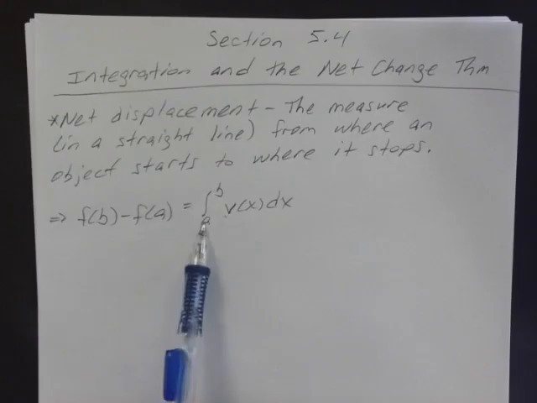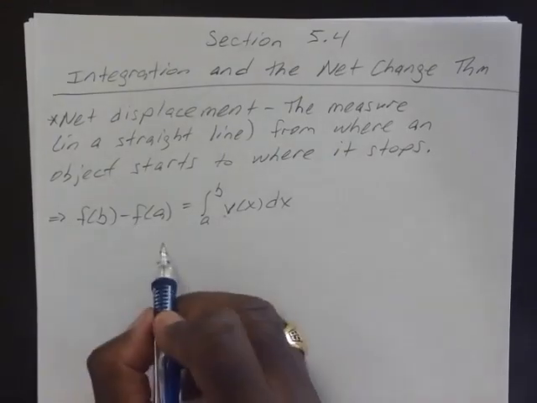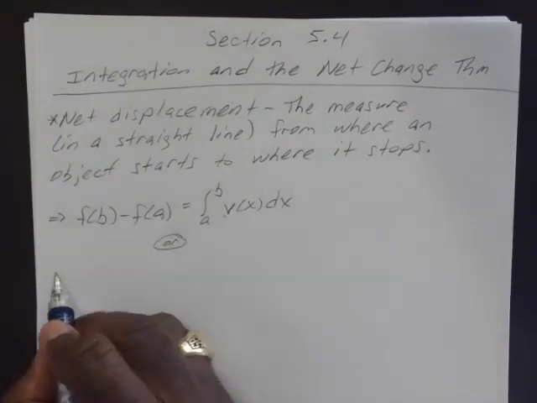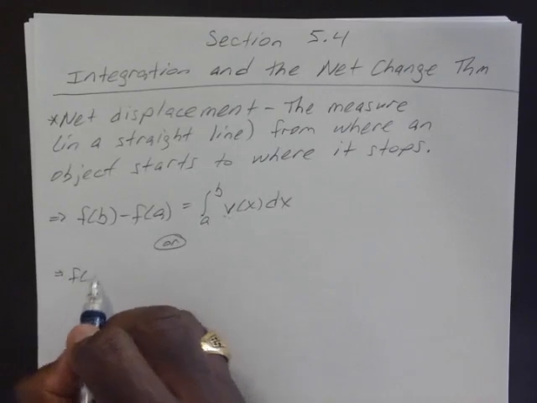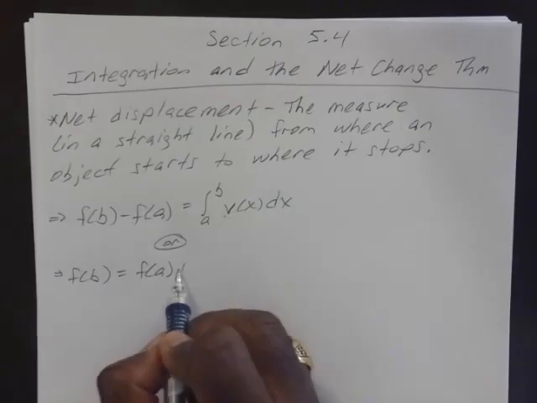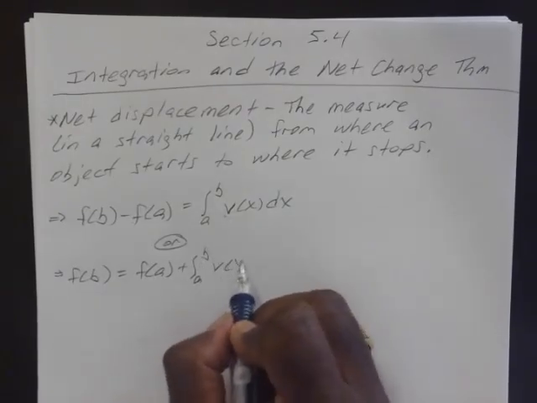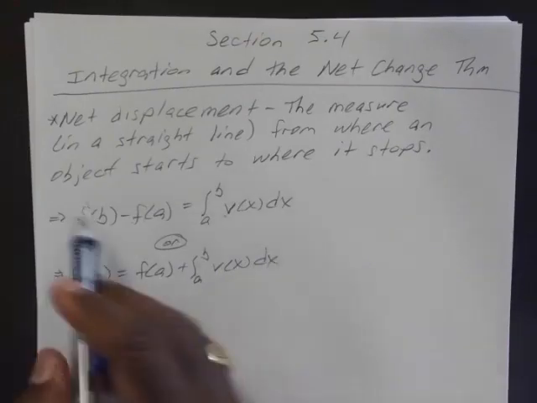Plug in our upper and lower limits using the fundamental theorem, and this is the formula we have. Or you can add f of a to both sides, and you have f of b is equal to f of a plus the integral from a to b of your velocity function with respect to x.